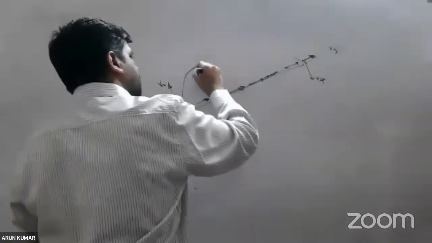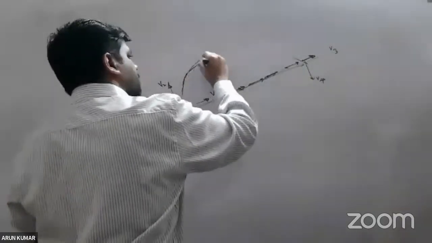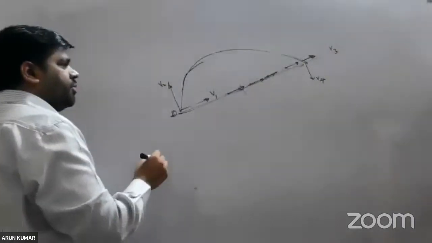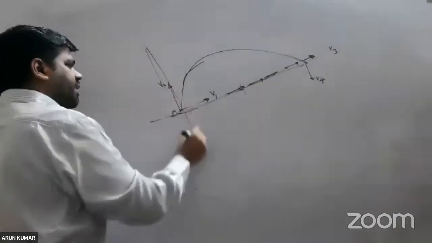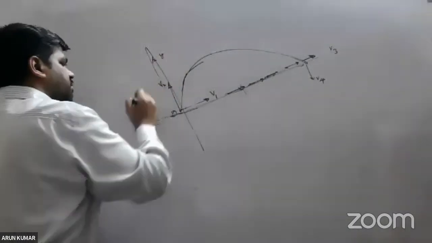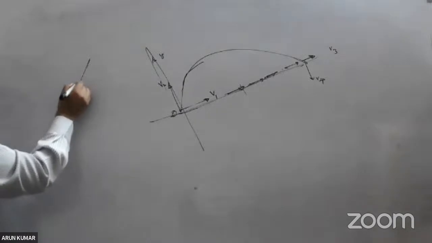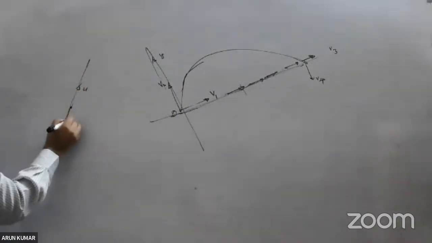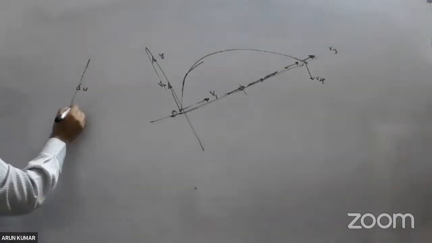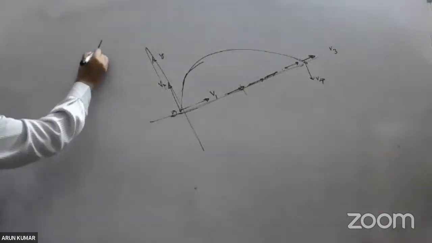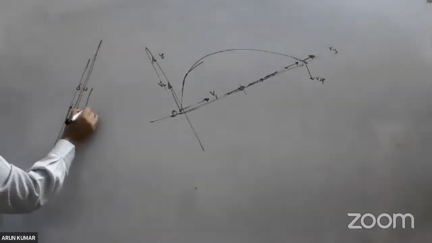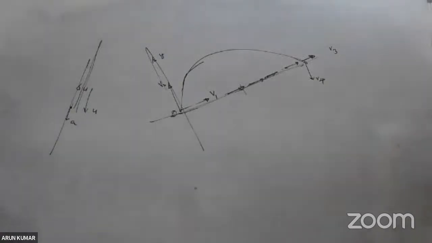So why is v2 equal to v4? Yeah, because if I just observe motion along the y-axis, if I have a particle along a straight line, I project this with u under retardation a, what happens? It goes, stops and comes back. It will come back with the same speed u, right?